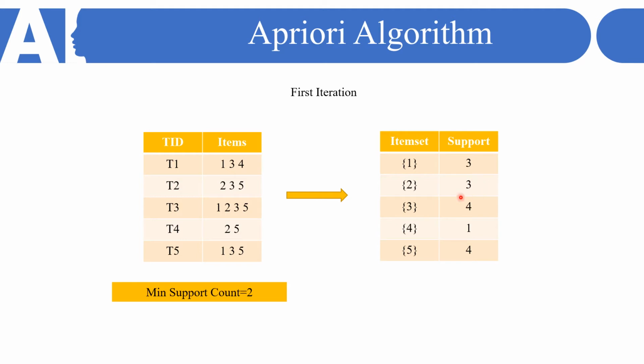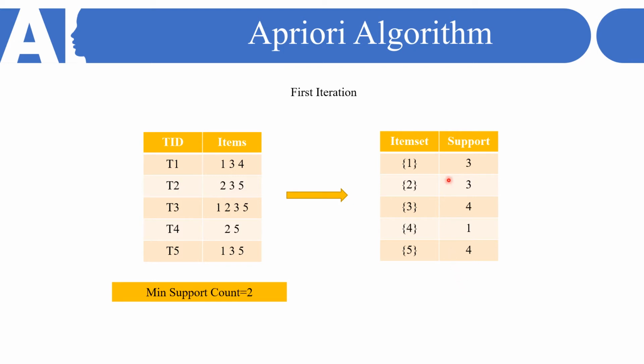Then item number 3 was purchased 4 times: in 1, 2, 3 and 4 in the last transaction. Item number 4 was used only once, in transaction T1. And the fifth item was purchased 4 times, in the second, third, fourth and fifth transactions.